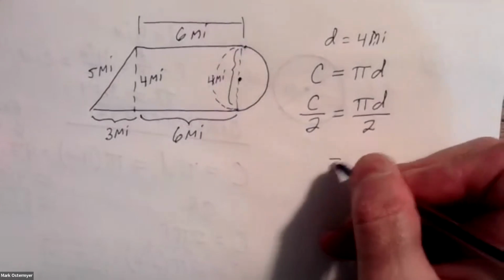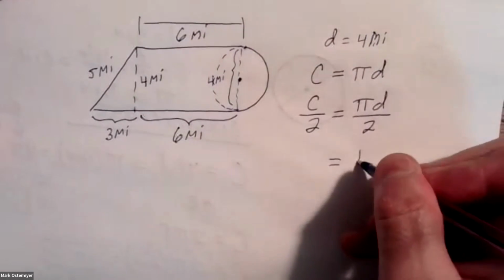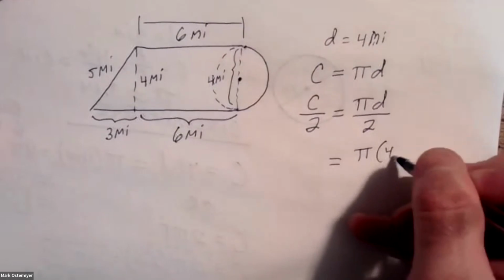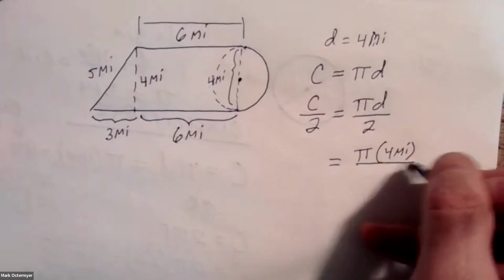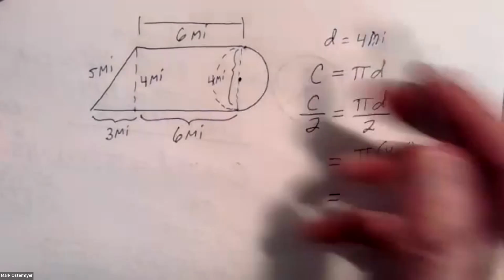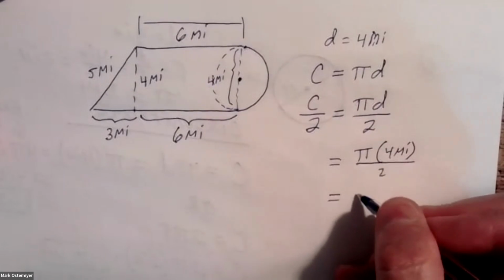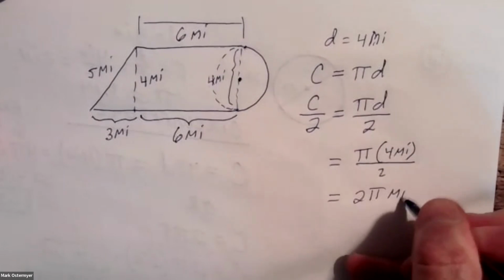So therefore, the exact distance around this semicircle would be pi times the diameter, which is 4 miles, divided by 2. So the exact distance from here to here around this semicircle would be 2 divided into 4 2 times. We can reduce. So 2 pi miles exactly.